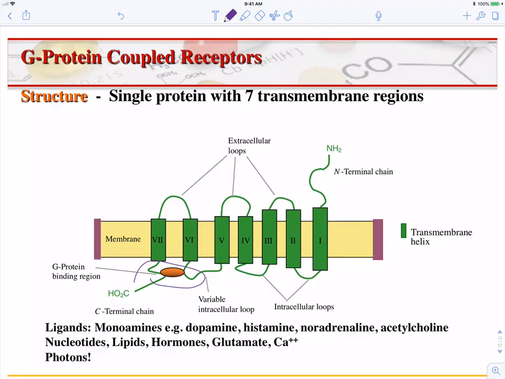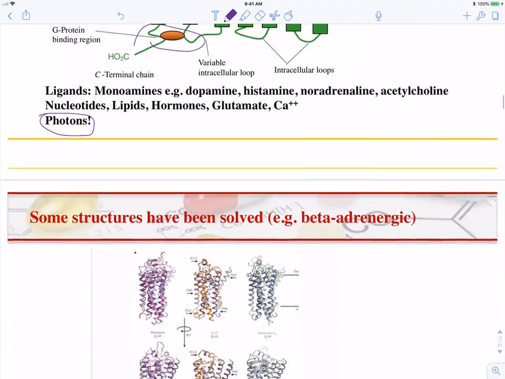One important thing is that, for example, these receptors also respond to light. So rhodopsin, which is a membrane protein responsible for our ability to see, is also a G protein coupled receptor. In general, these G protein coupled receptors are the target for about 30% of the drugs currently on the market.